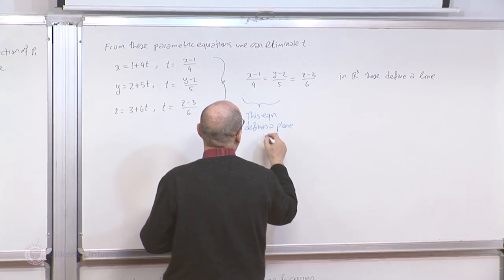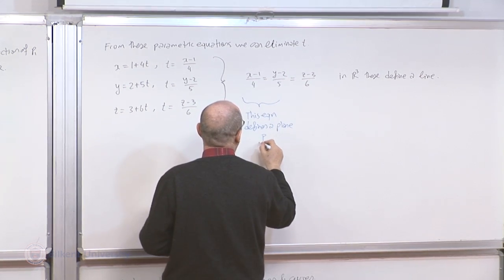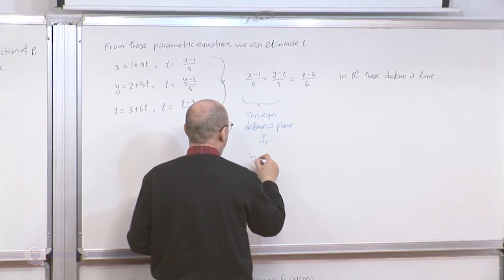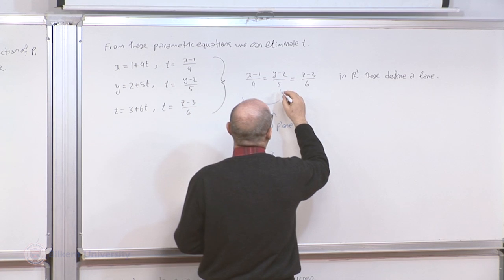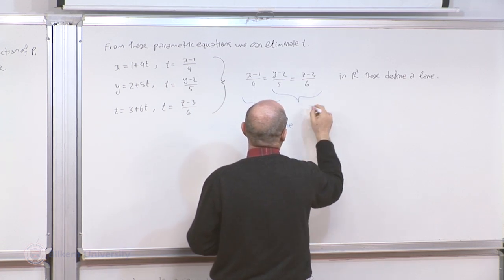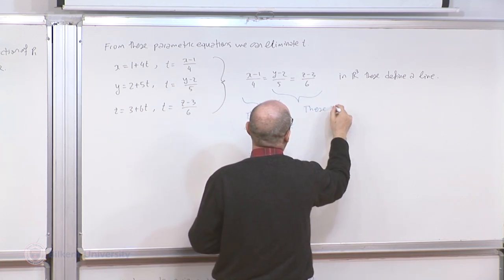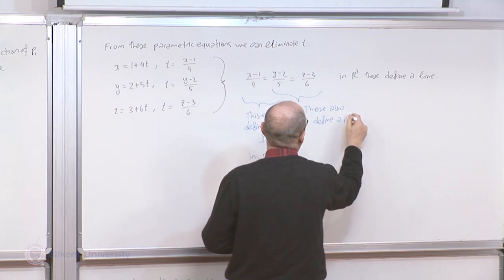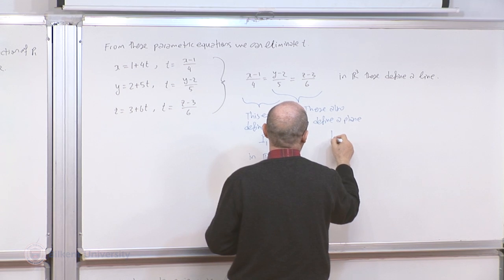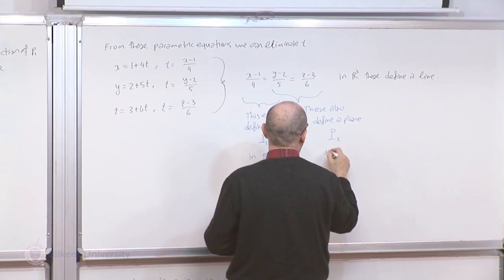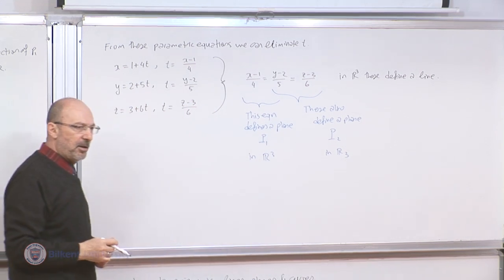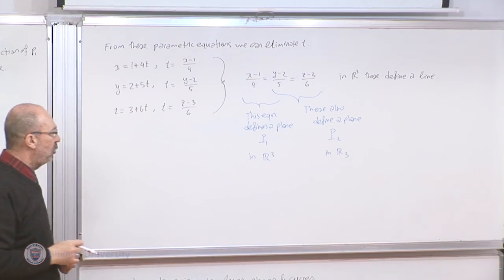Let's give it a name, capital P1, in R3. Take this one, for example. This also defines a plane, say capital P2 in R3. The line we are interested in is the intersection of these two planes.